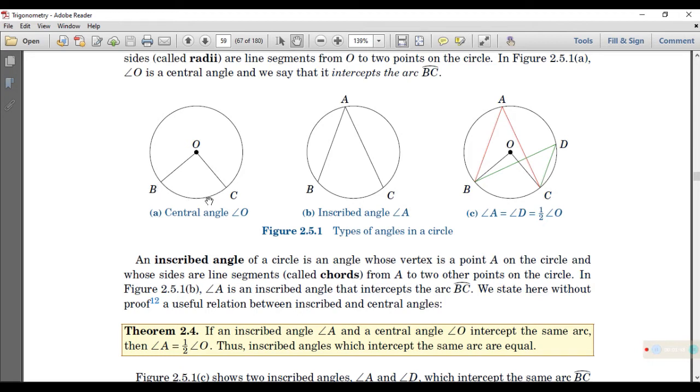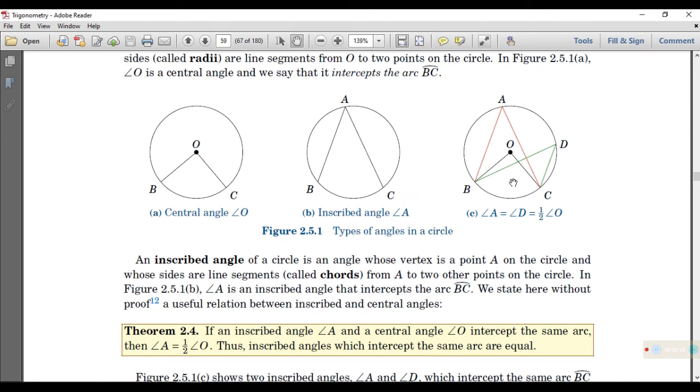Ang measurement ni BC ay, say for example, 90. Then the measurement of O is also 90, angle O. But here, the intercepted arc is 90, but angle A is only 45. Okay? So it is always half the measurement of its central angle or half the measurement of its intercepted arc.